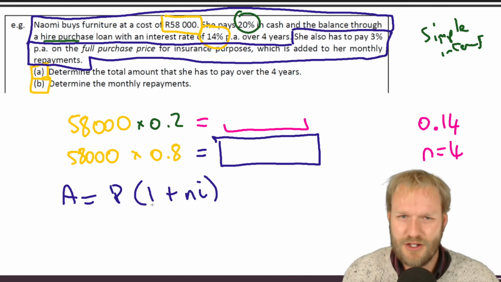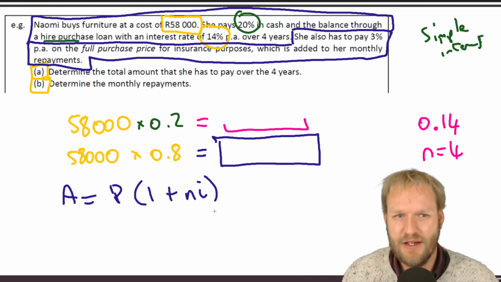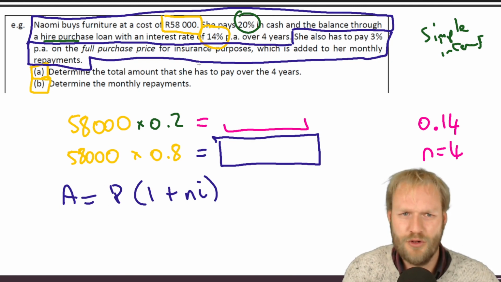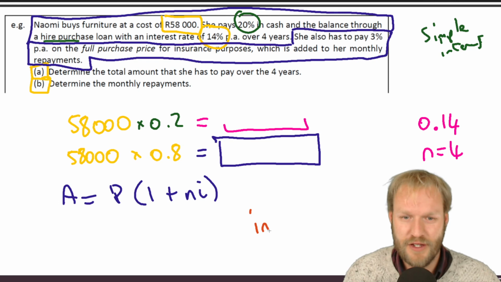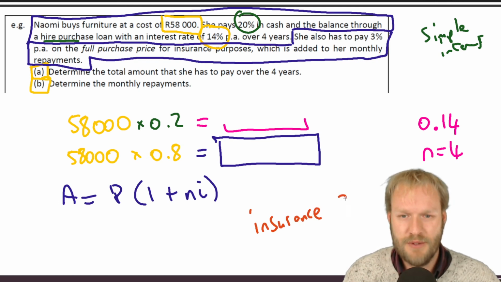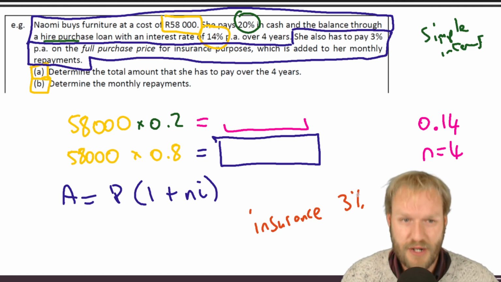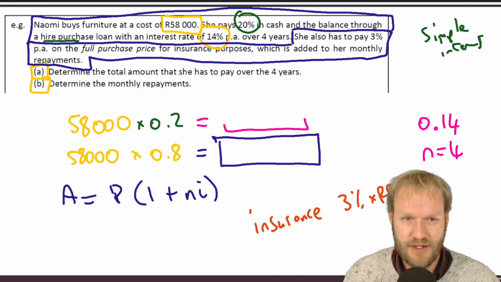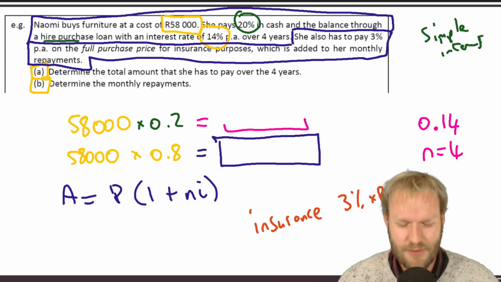You can use that to see how much she has to pay back, and therefore how much she has to pay monthly or in total. So this is going to give us the total. Then you can work out the insurance. For the insurance, that is 3% of the full purchase price, because she's insuring the full thing.